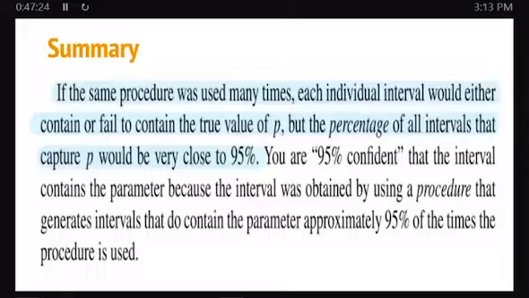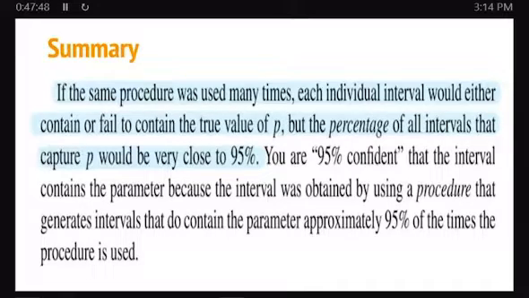If you use the same procedure many times, each individual interval will either contain or fail to contain the true value. Does that make sense? But the percentage of all intervals that capture P will be very close to 95%.